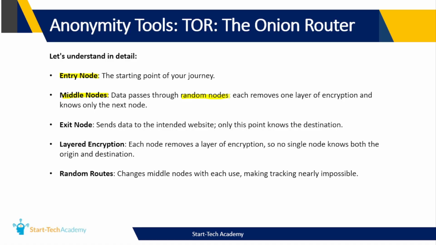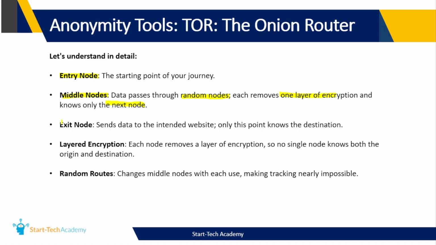So you are going from your entry node into any one of these randomly selected nodes, and each one removes the previous layer of encryption and only knows the next node, nothing else. Just imagine it only knows one, that is the next node. So the previous person only knows where you're going next, and that is all.